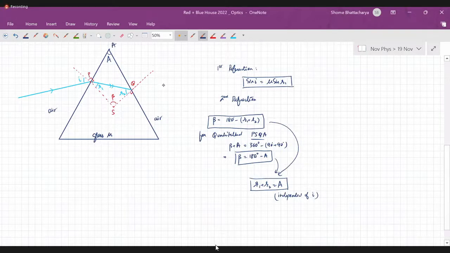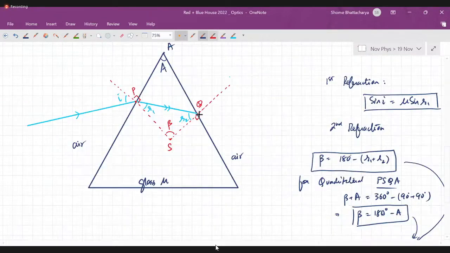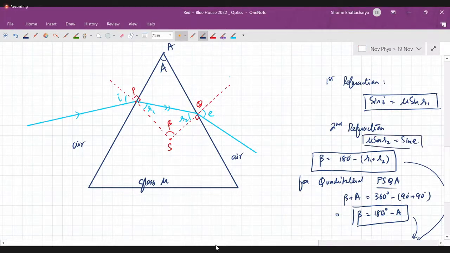Now further, when I look at the second refraction, let's come to this. So the angle of refraction is what we call the angle of emergence. So this is bending away from the normal. So this becomes the angle of emergence. And for the second refraction, we have the relation that mu sine R2 is equal to sine E.